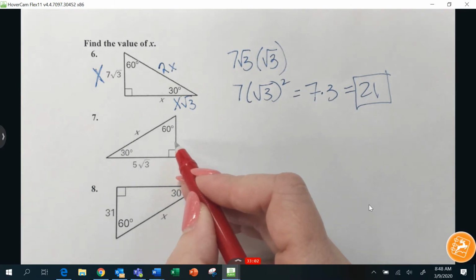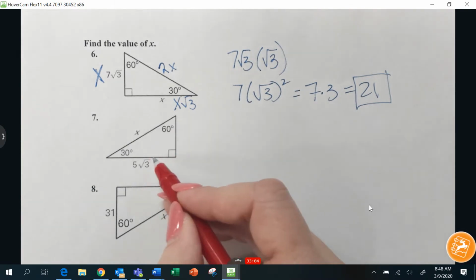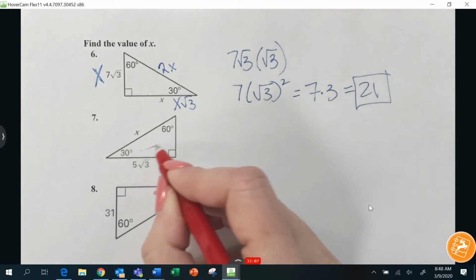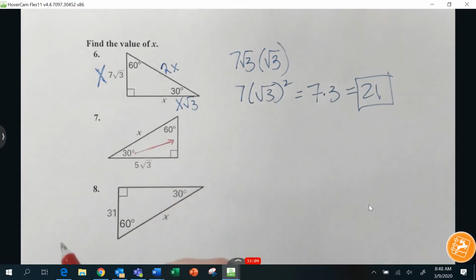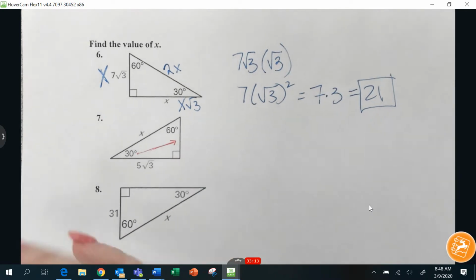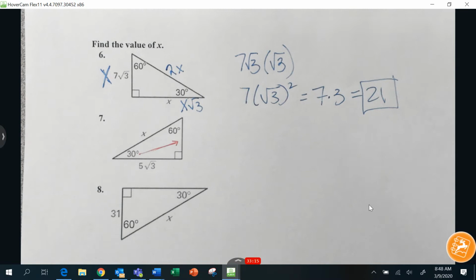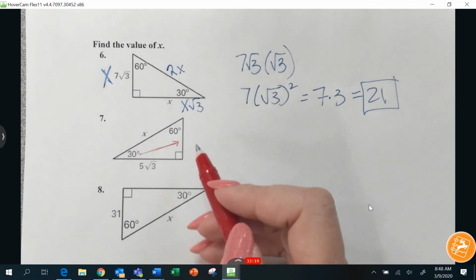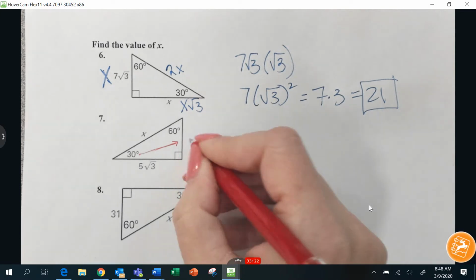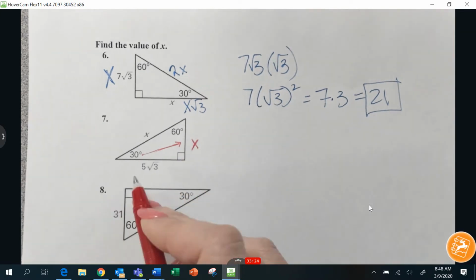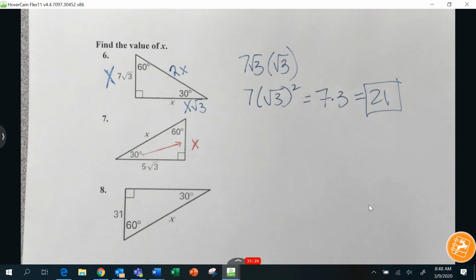The 30 degrees is the smallest angle. So the smallest side goes across from 30 degrees. And in the 30, 60, 90, the smallest side is the one that's just a variable by itself. So what goes here? Just x. That's why I start there every single time, because that one's going to be just x.